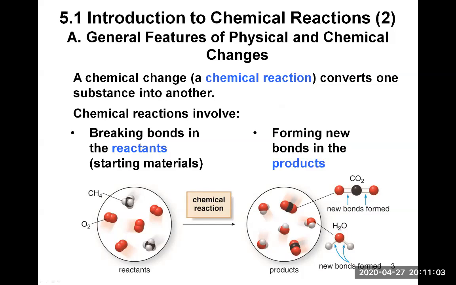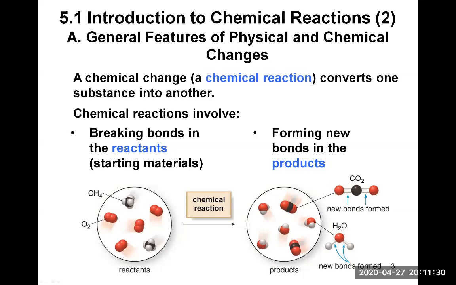So the starting materials in this bubble here on the left are methane and oxygen. Methane is CH4 and oxygen, the molecule, is O2. And so if you make them go through a chemical change, a chemical reaction, so the arrow here symbolizes the chemical reaction.